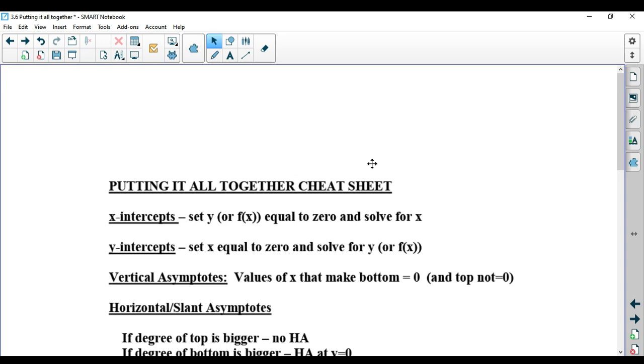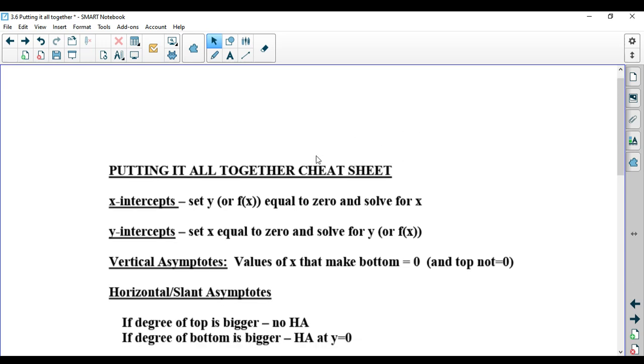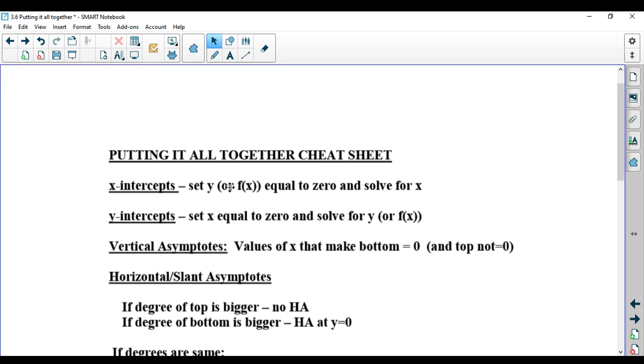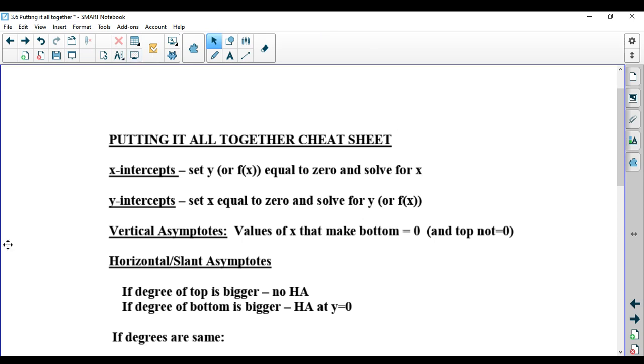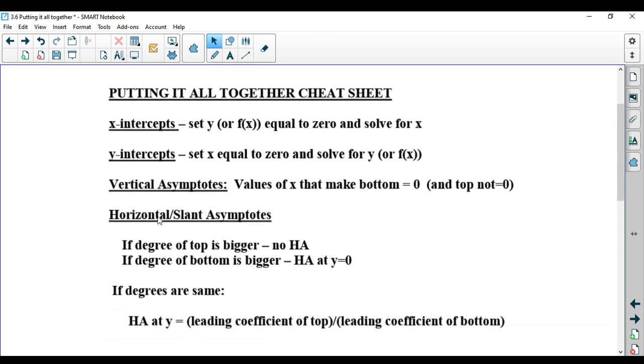And what I mean by putting it all together, here's a cheat sheet that you can print out. I posted this on one of the days. This is everything we're going to look for in a graph: X-intercepts, Y-intercepts, vertical asymptotes, horizontal asymptotes, and that's what we're going to be talking about in this video.